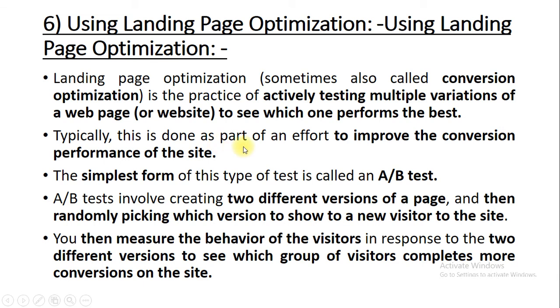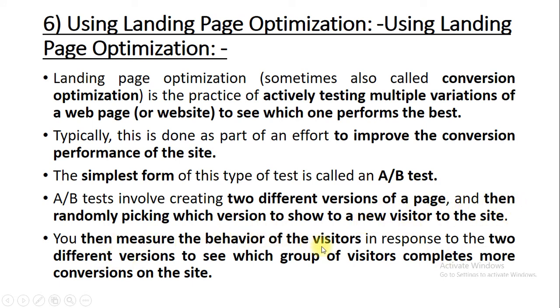Typically, this is done as part of an effort to improve the conversion performance of the website. The simplest form of this type of test is called an A/B test. An A/B test involves creating 2 different versions of a page. That means you have a single page formed using different types of functionality, then randomly picking which version to show to a new visitor to the site.